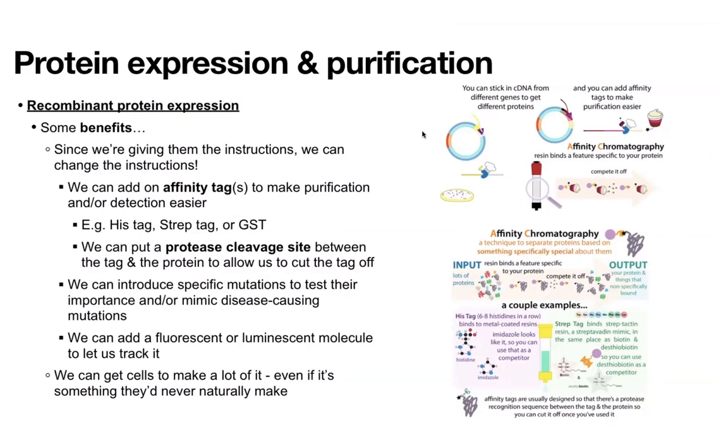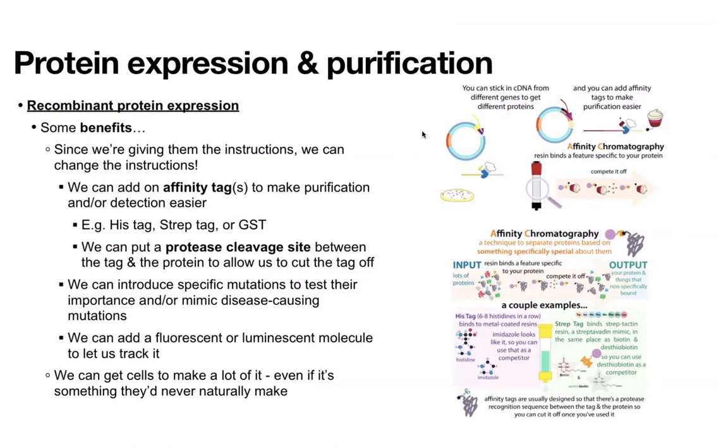We can stick a little extra sequence onto the end, like a His tag or a Strep tag, just a few extra amino acids that allow us to do things like purify it, taking advantage of that tag, using resin that's going to bind to that tag specifically. Or we can use antibodies that recognize the tag or various other things.